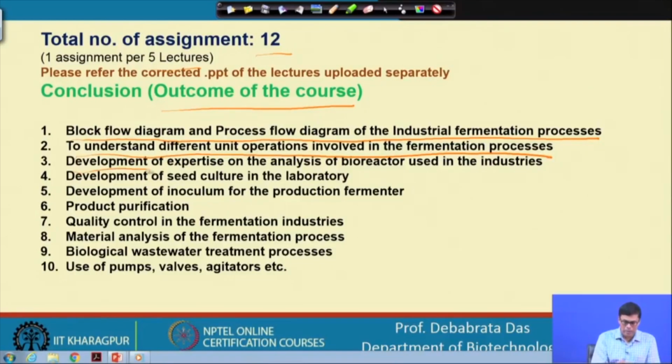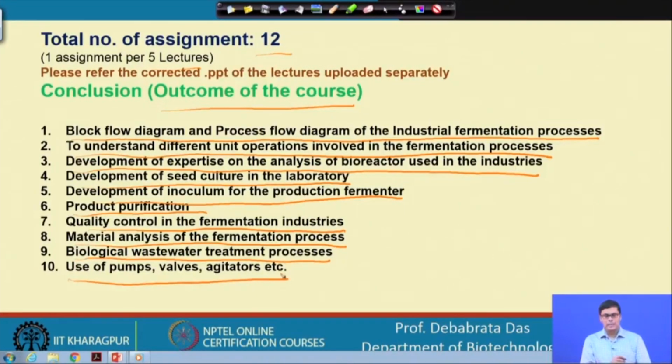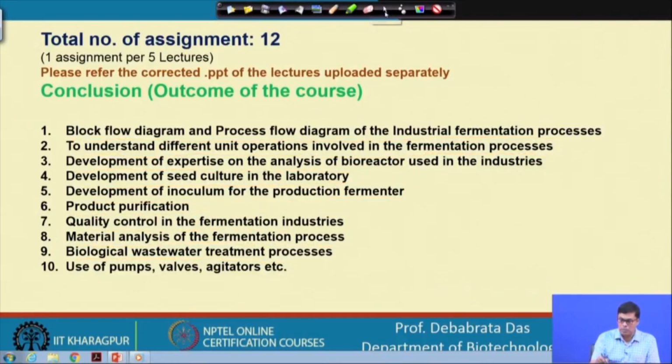Then development of expertise on the analysis of reactors used in the industry. Development of the seed culture in the laboratory, development of inoculum for the production fermenter, the product purification, quality control of the fermentation industry, material analysis of the fermentation process, biological wastewater treatment process, use of valve and agitator. These are the different outcomes we try to keep in this particular course.